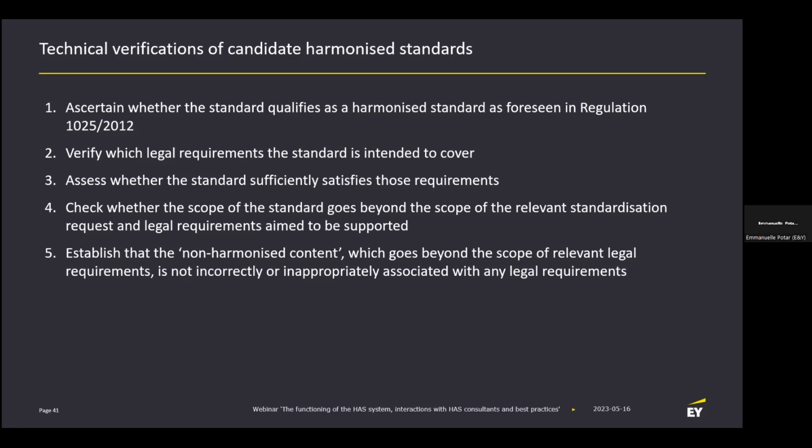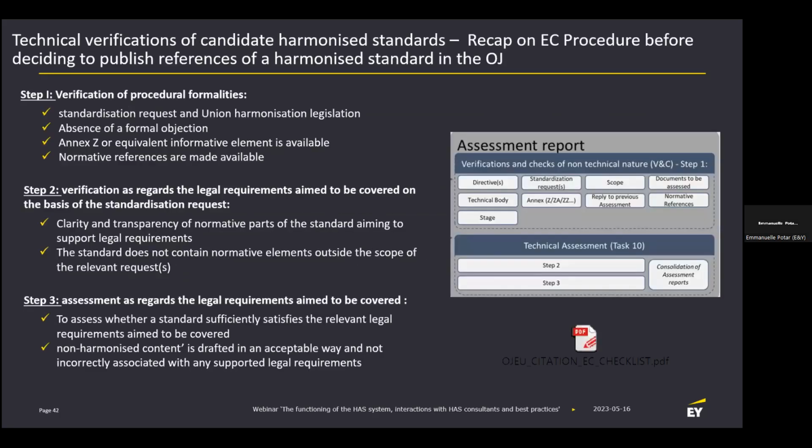So this is actually a procedure that is divided into 3 steps that we can look into on the next slide. And the TCs are strongly encouraged to also keep this checklist from the Commission in mind when you are drafting standards and when you are submitting a request, because this will help you increase the rate of compliance of the standards you are drafting.